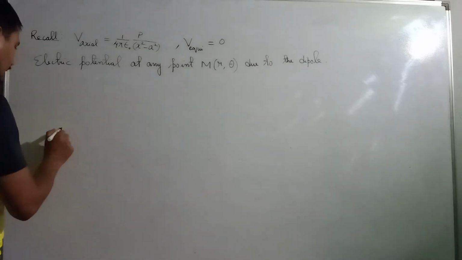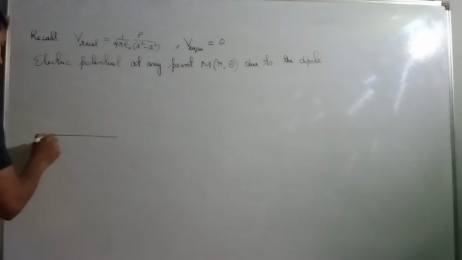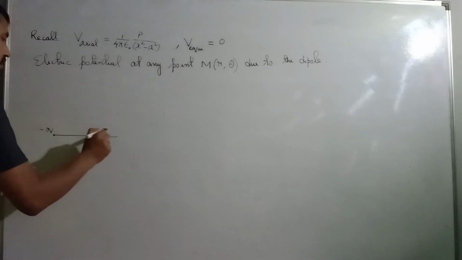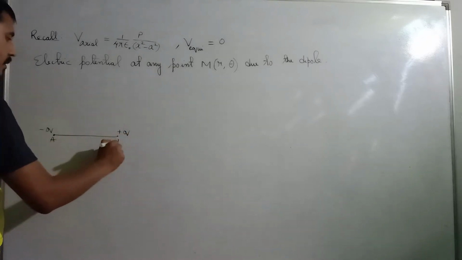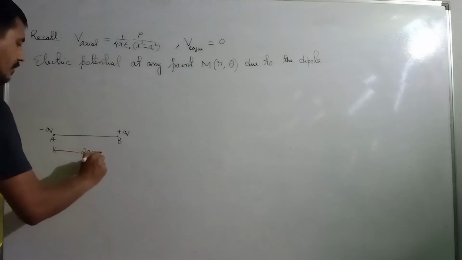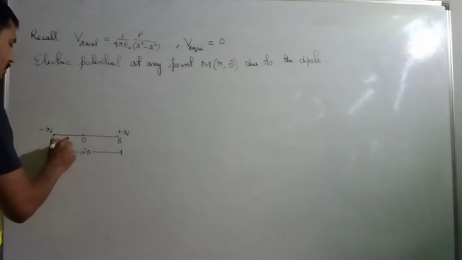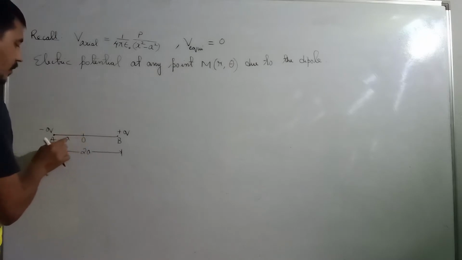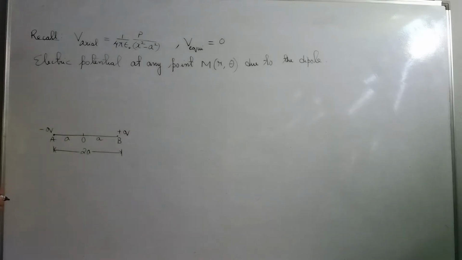So let us draw an electric dipole. Electric dipole means it's a system of two equal and opposite charges separated by a distance, say 2a apart. If O is the center of the dipole, this distance OA will be a. Distance OB will also be a. Right?